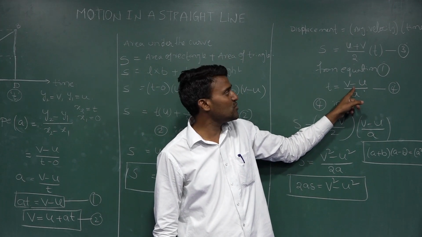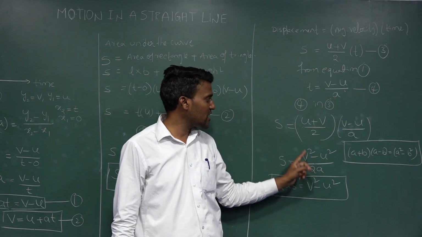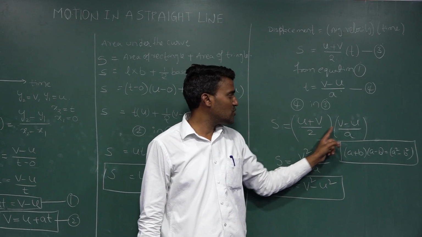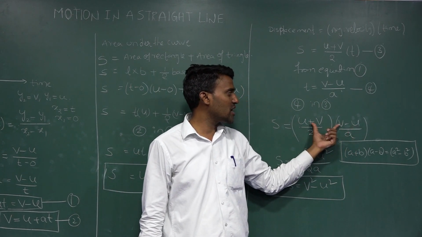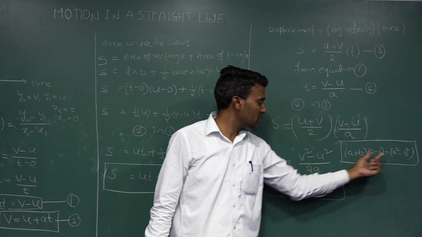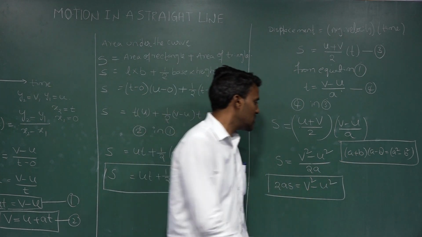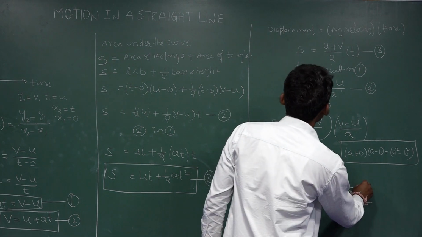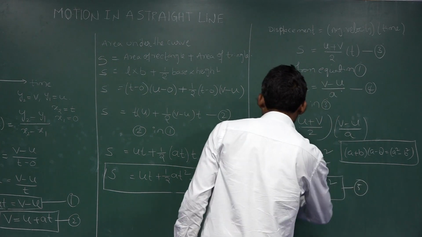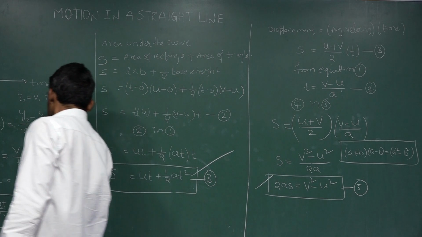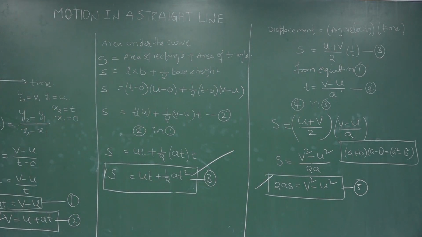So if we substitute equation 4 in equation 3, we get u plus v divided by 2 into v minus u divided by a, and finally we get 2as is equal to v square minus u square. That is equation number 5. So these 3 are the equations we proved by using the graphical representation.